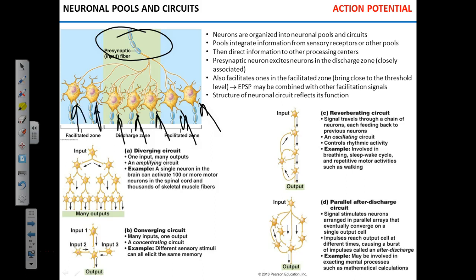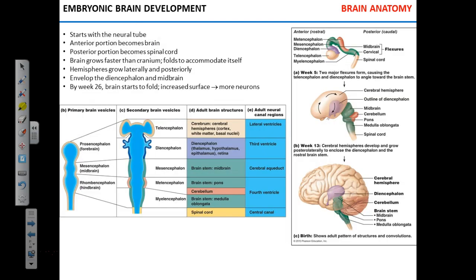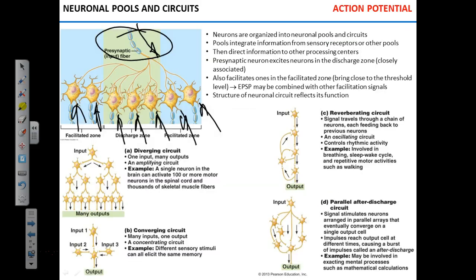That makes sense? So when an action potential travels down the presynaptic neuron, the amount of neurotransmitter that will be released from each branch will be slightly different. Okay?